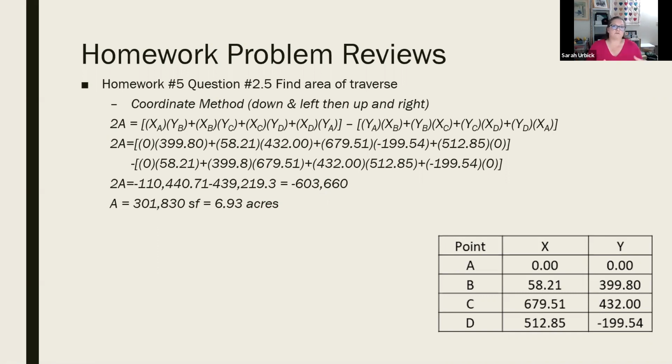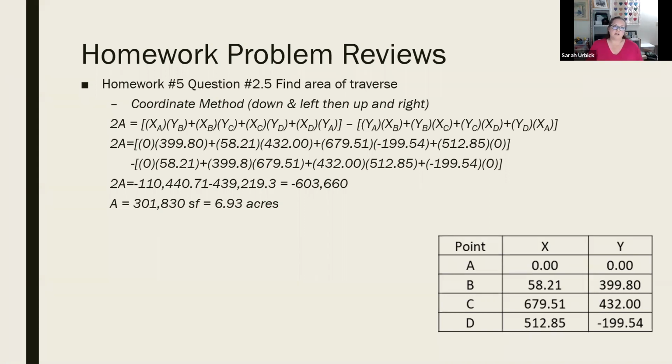Really what we're doing is taking the areas of different trapezoids. We're using that XY axis to create trapezoids, so we have 90-degree angles. We drop perpendiculars back to either the y-axis or the x-axis. The area of a trapezoid is 1/2 base 1 plus base 2 times the height.